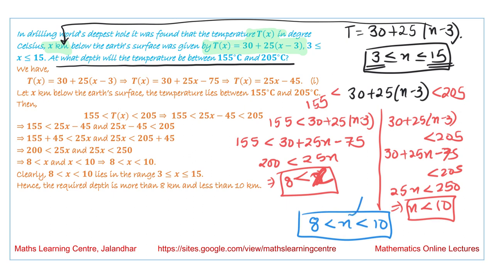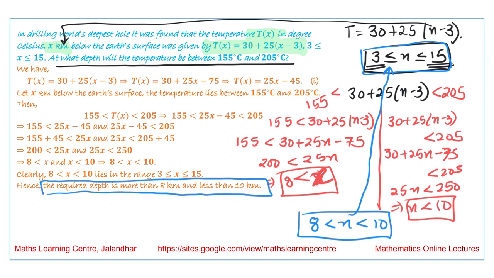Now it is also satisfying the condition given to us, that the value of x should lie between 3 and 15. So the required depth should be more than 8 kilometers and less than 10 kilometers. This is the required answer in this case.